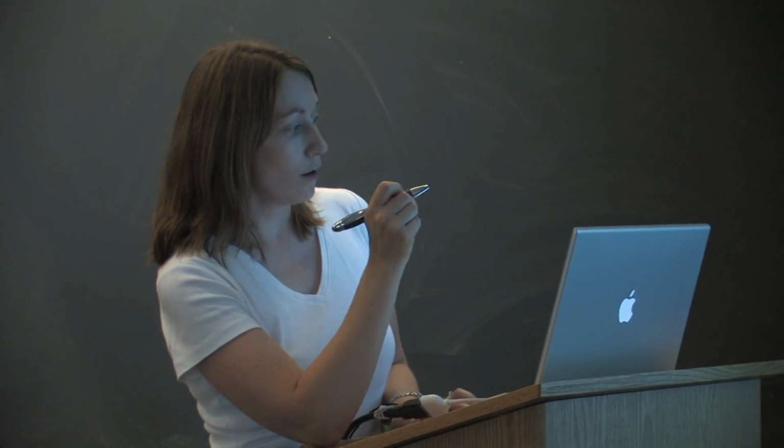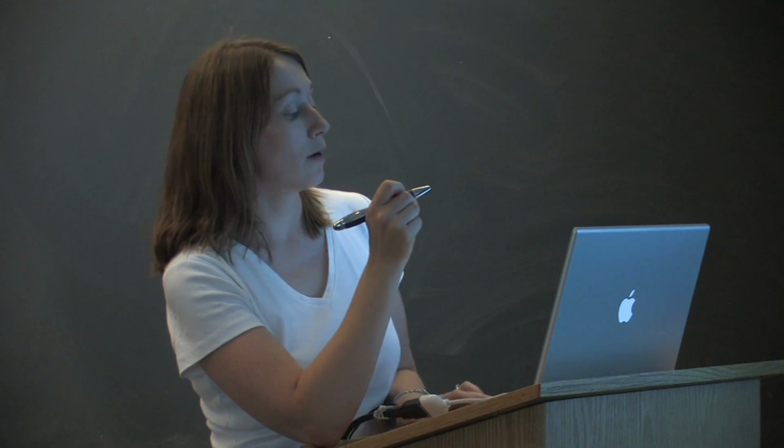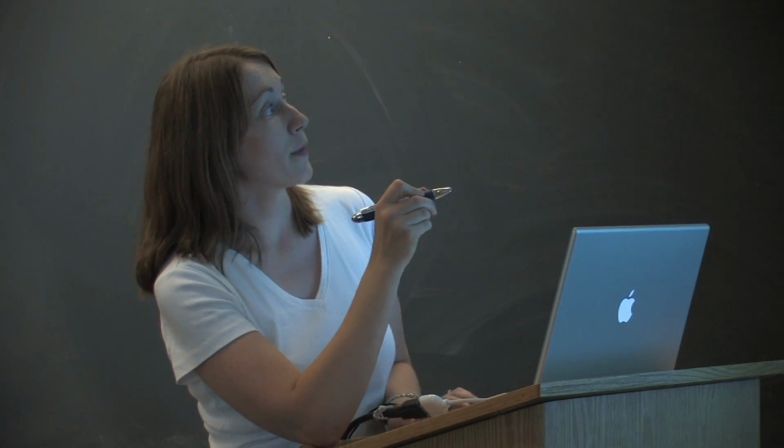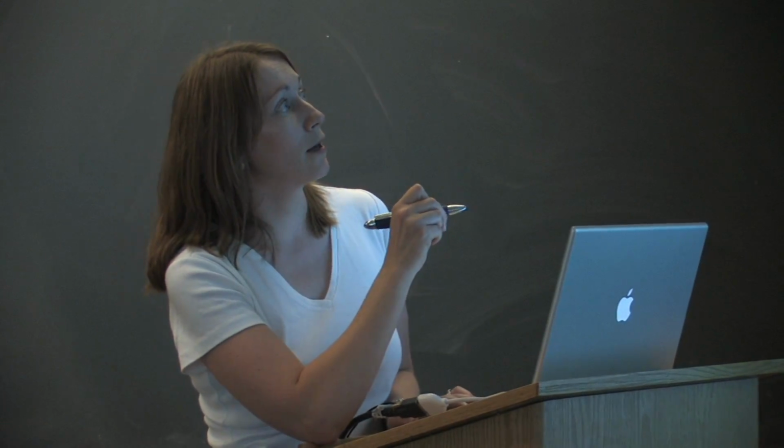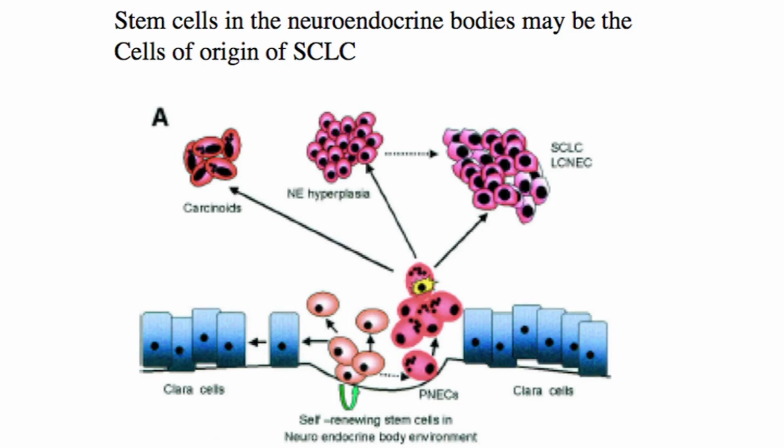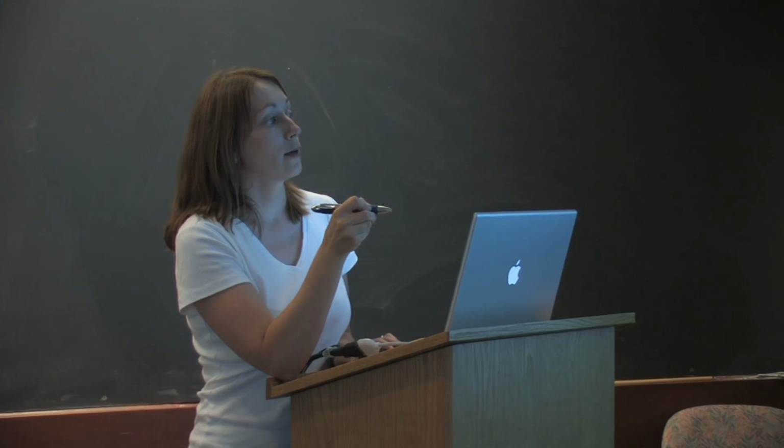So this would lead to the idea that BASCs might be the cells of origin of adenocarcinoma, but what about other types of lung cancer? Other groups have shown, as I mentioned, a mouse model of small cell lung cancer, and they have hypothesized that neuroendocrine cells, or perhaps a stem cell that maintains neuroendocrine cells, might give rise to small cell lung cancer.